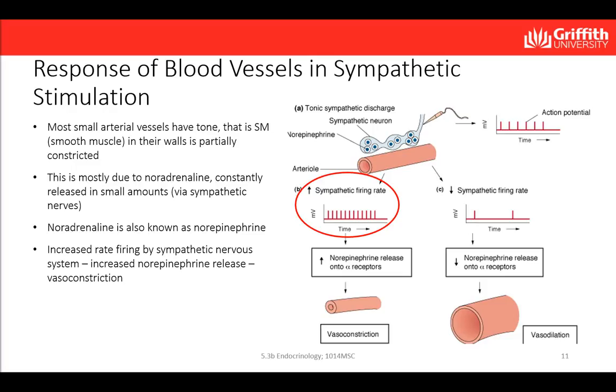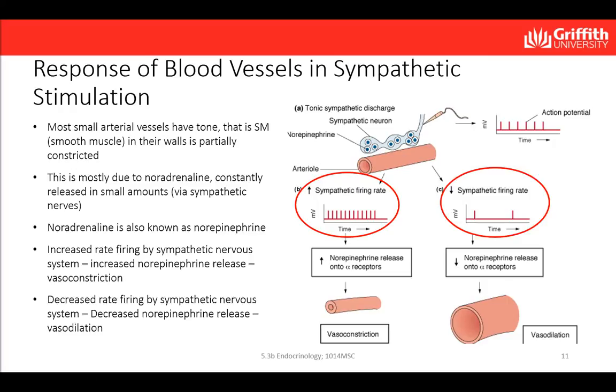This causes an increase in the release of noradrenaline, which binds to the receptors on the blood vessels and induces vasoconstriction, thereby increasing the blood pressure. On the other hand, when the blood pressure becomes too high, the sympathetic nerves fire less frequently, thereby reducing the release of noradrenaline, which in turn causes vasodilation and reduces blood pressure.